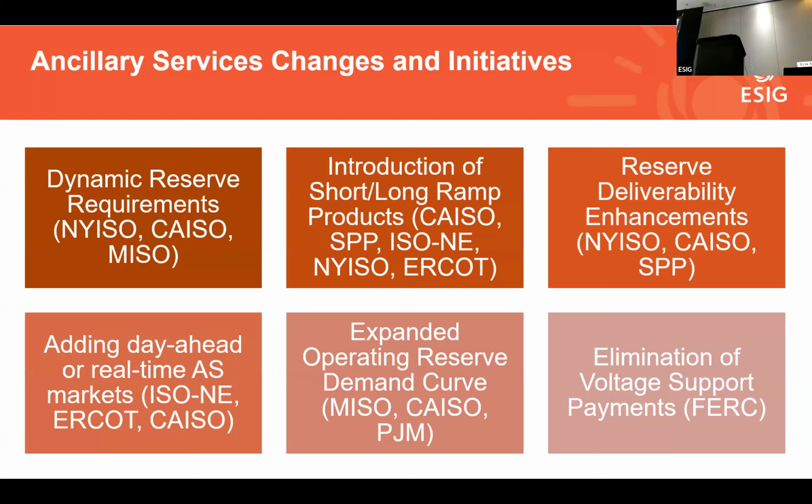Adding day-ahead or real-time ancillary service markets, changes to the shortage pricing, and one of the changes that started last year is the elimination of payments for voltage support when in the standard power factor range. So anyway, that's just for reference.